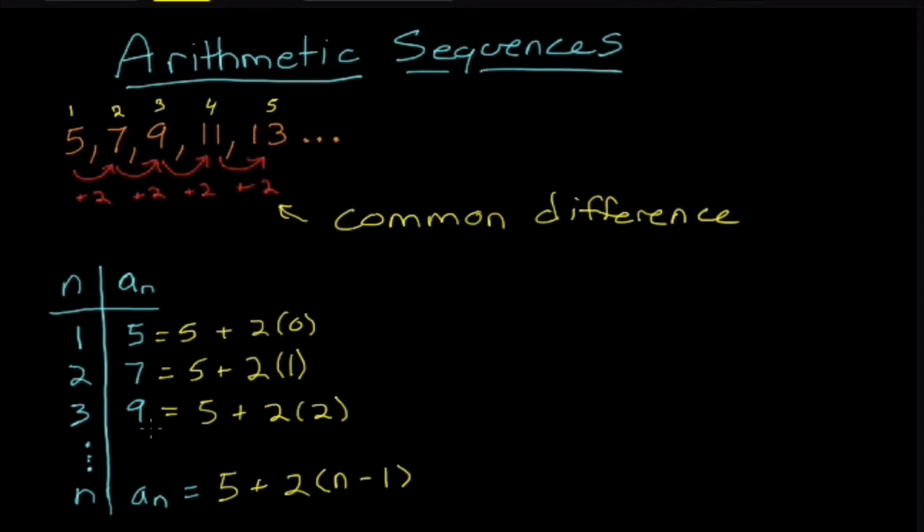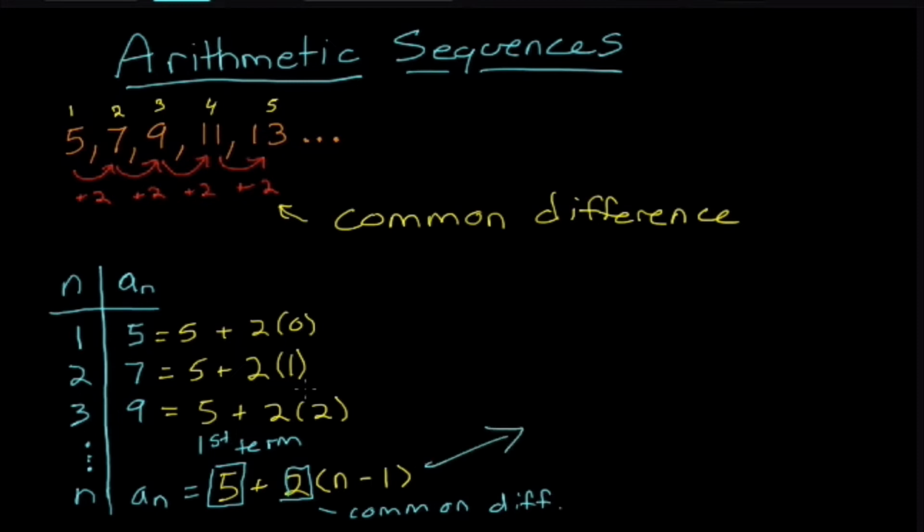If we want to generalize this formula to all sequences, we can say that this is just the first term in the sequence, and this number is going to be the common difference.